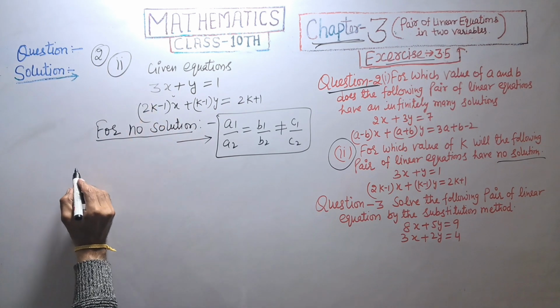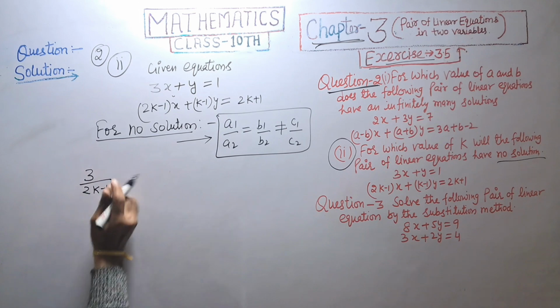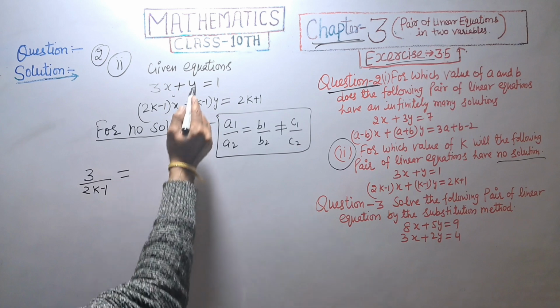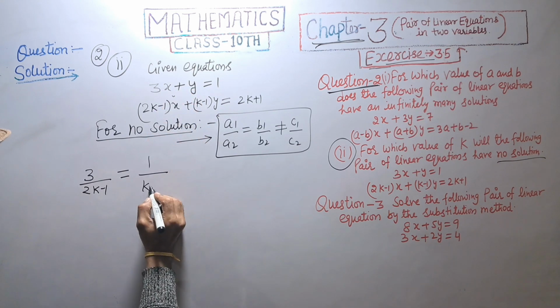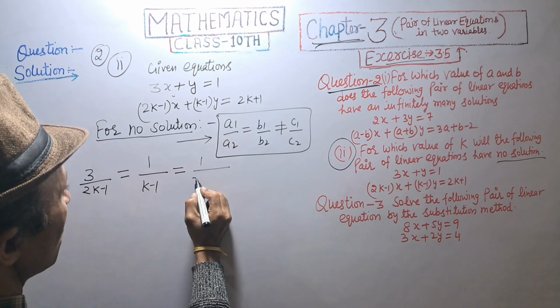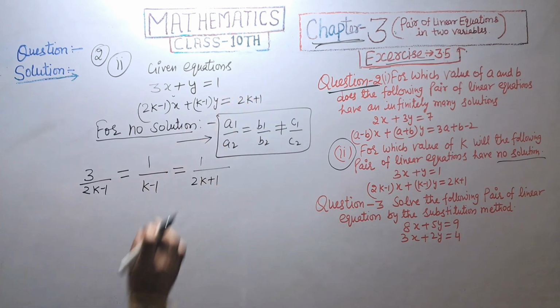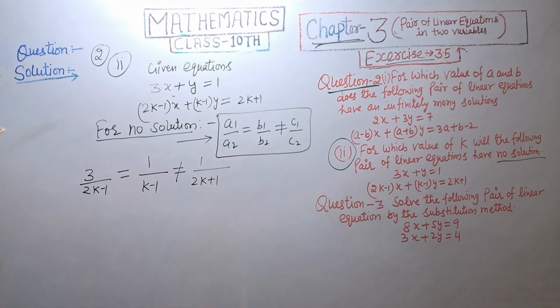A1 is 3 upon 2k minus 1. A1 upon a2 is equal to coefficient of y, 1 upon k minus 1, and c1 upon c2 is 1 upon 2k plus 1, but not equal to c1 upon c2.